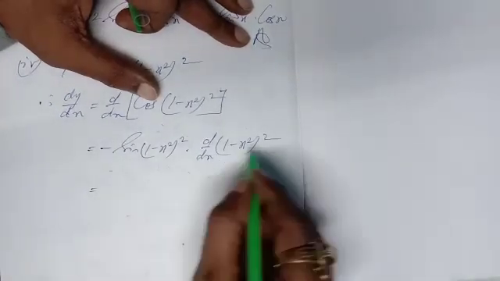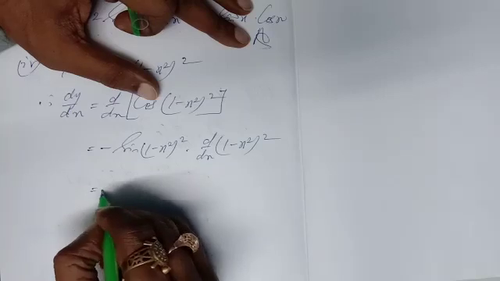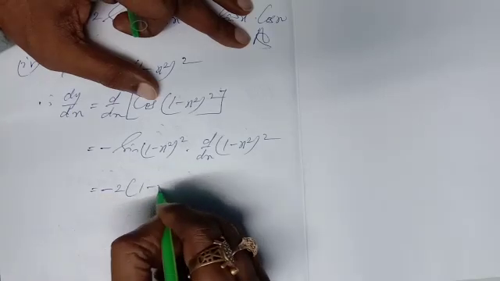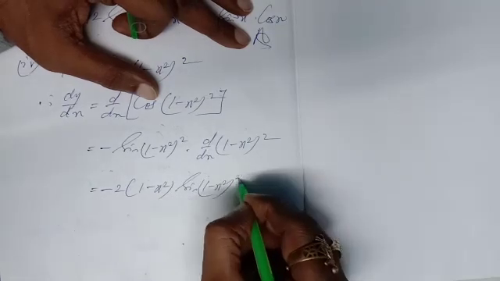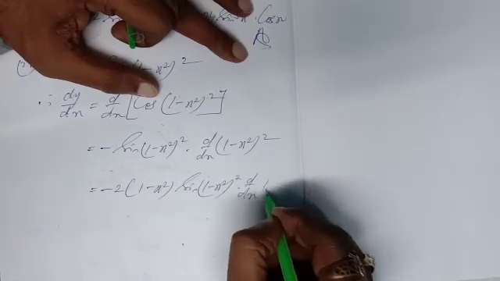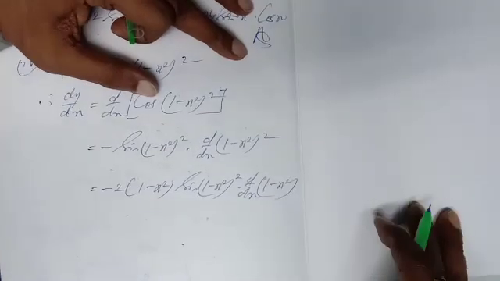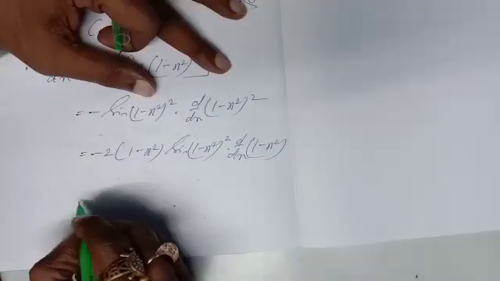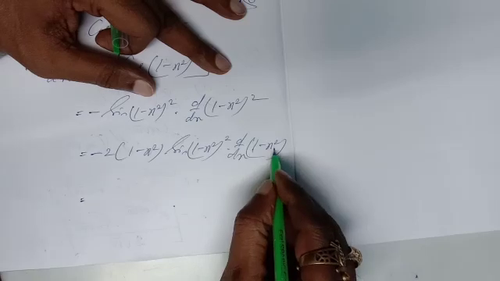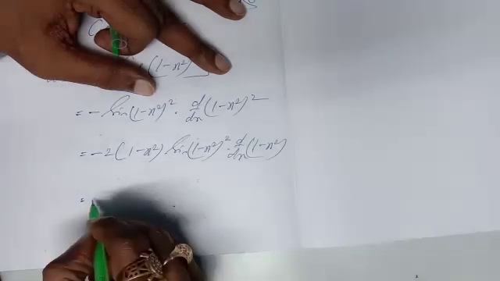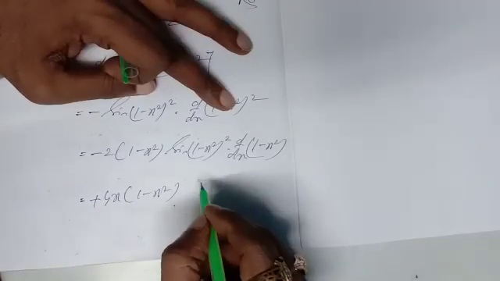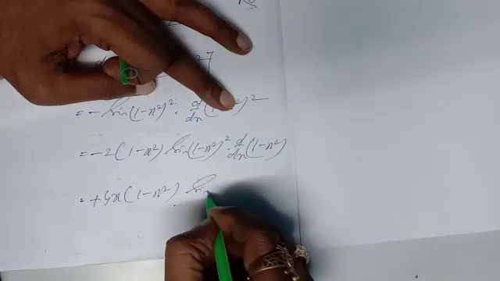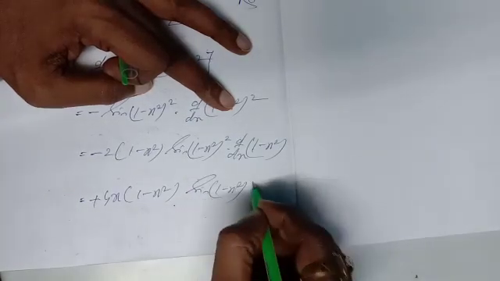That means 2 will come here, minus 2 into (1 minus x square) sine of (1 minus x square) whole square. Again the derivative of 1 minus x square, applying the chain rule. Finally it will be minus 2x, and minus into minus 4 gives plus. So it will be plus 4x (1 minus x square) sine of (1 minus x square) whole square.